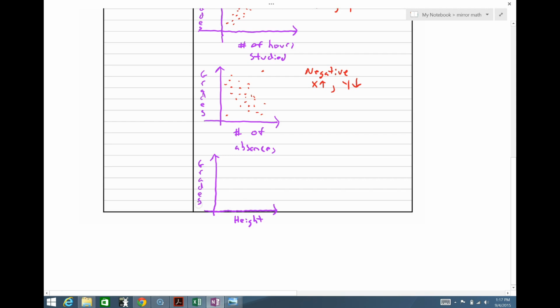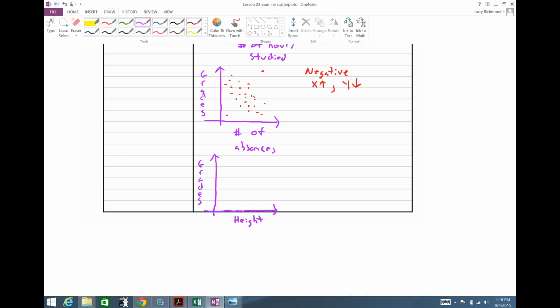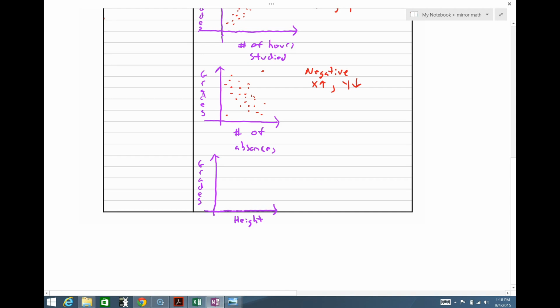I'm sure you know some short people that are excellent students, and I'm sure you know some short people who are poor students. Likewise for tall people. If we looked at this scatter plot, it would look something like a shotgun blast. That is, points all over the place.